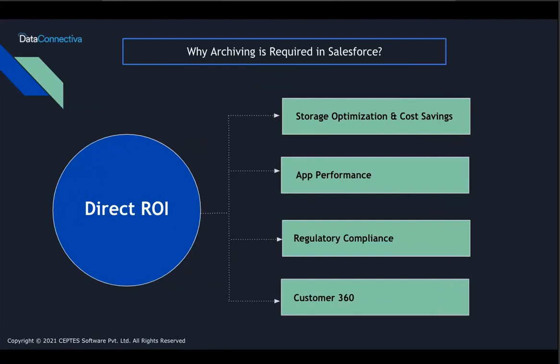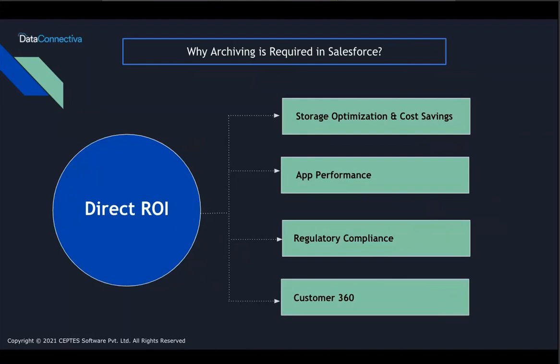Then comes the application performance. This is one of the key points. If your application performance is degraded because you have a huge amount of data lying within your primary storage, then accessing that data requires more time. That means your system performance is not up to the mark, and your end user experience is also not that great.